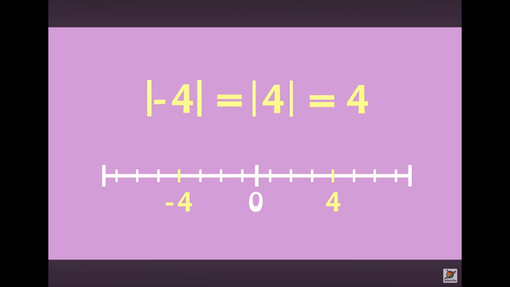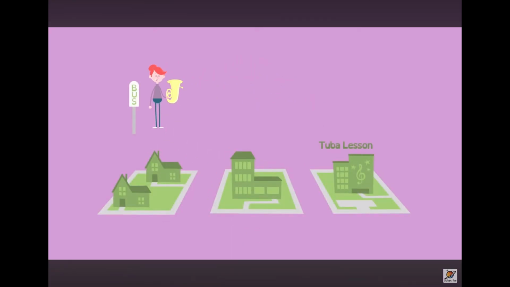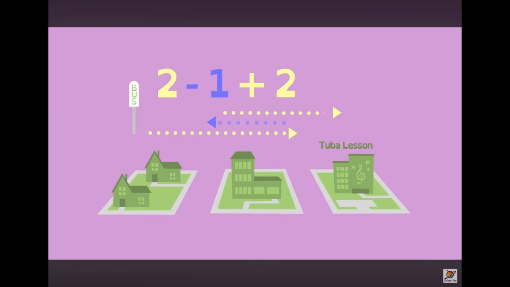Here's Lucy. She needs to walk to her tuba lesson, 3 blocks from the bus stop. After walking 2 blocks, she realizes she dropped her sheet music. She goes back 1 block, finds it, then continues to her lesson. One way to represent Lucy's journey is like this, by walking 2 blocks forward, 1 block back, and 2 blocks forward.